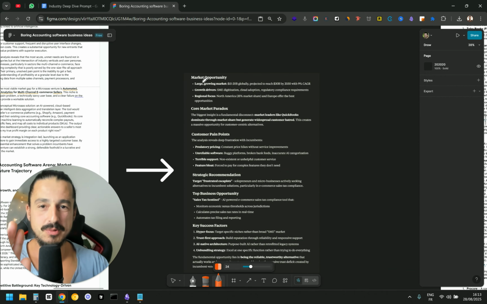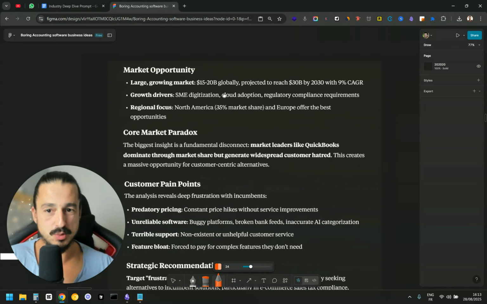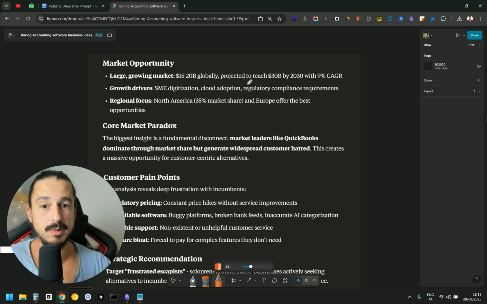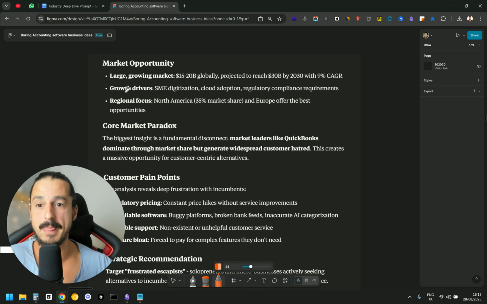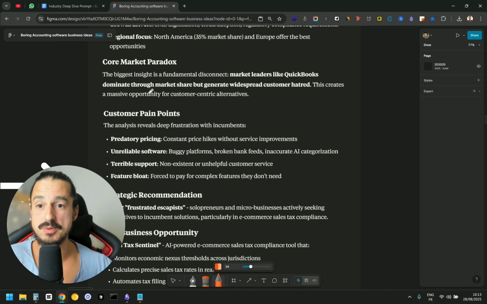So we are talking about the accounting software space. Market opportunity: large, growing market, 15 to 20 billion globally, projected to reach 30 billion by 2030. Regional focus: North America, 35% market share, and Europe offer the best opportunities.